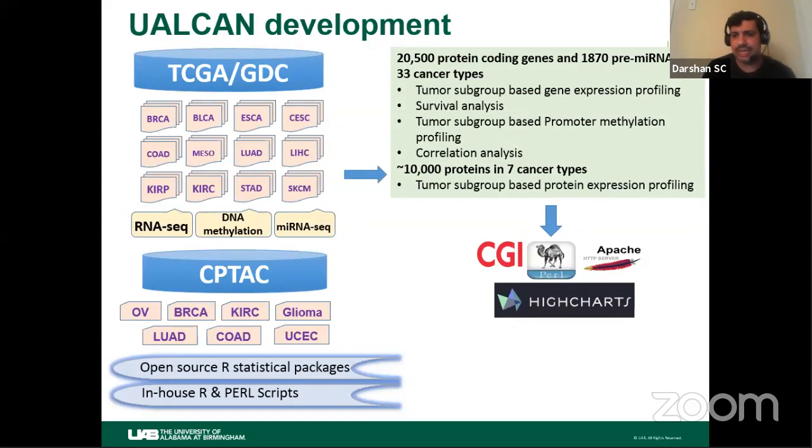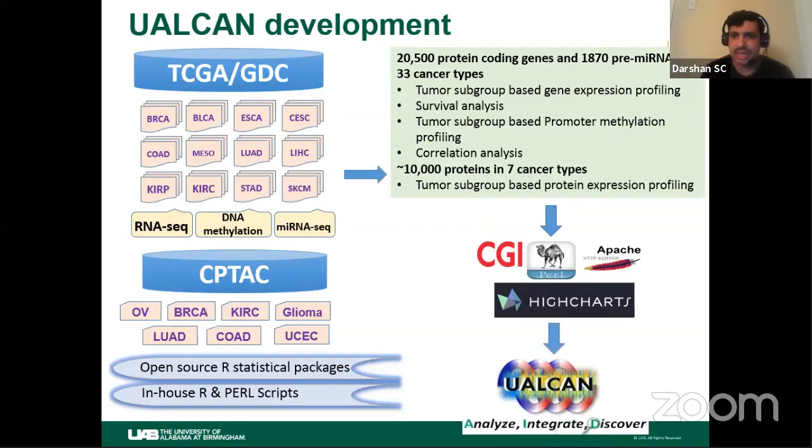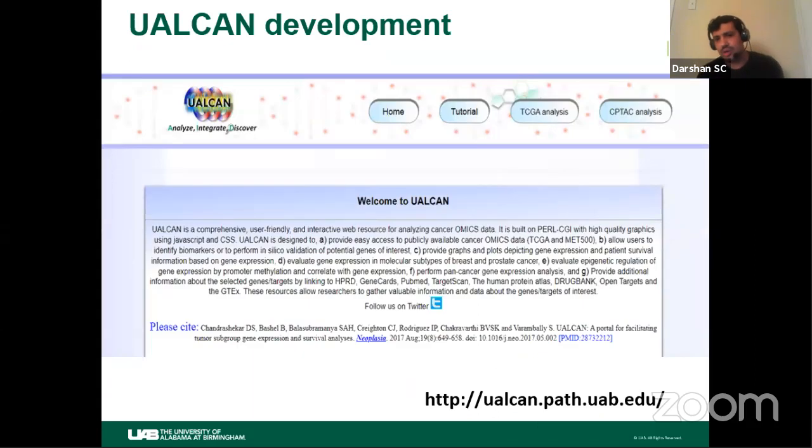So that is, in simple words, how the server was set up. This is a snapshot of the UALCAN website, and you can see the URL, or you can just Google UALCAN. I'm sure it's the first or second search result.